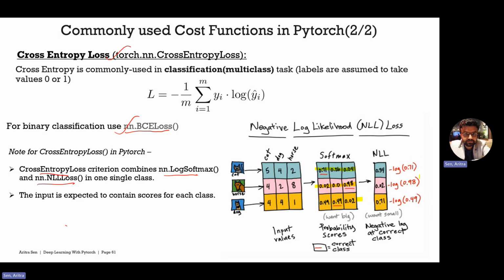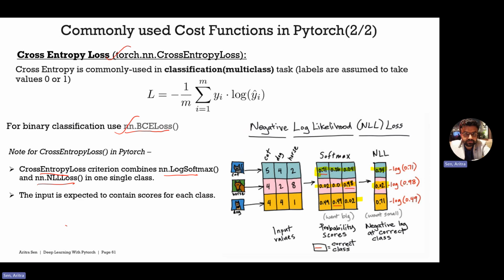If you take the negative log likelihood value, the loss would be 0.34, which is kind of lower in value, but it should have predicted with a higher confidence. In the example where the probability for the correct class is 0.98, very close to 1, the negative log likelihood value is very small, because it gives an incentive to the model for predicting the correct probabilities for the correct class.